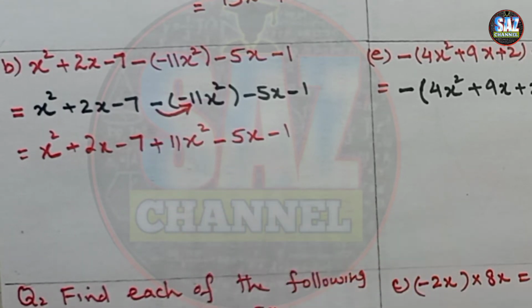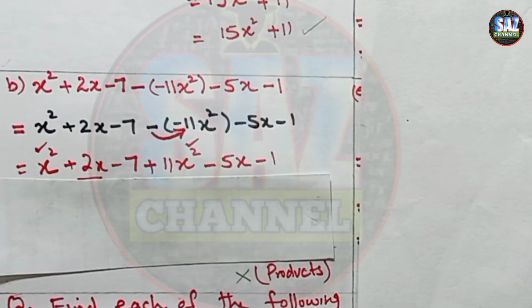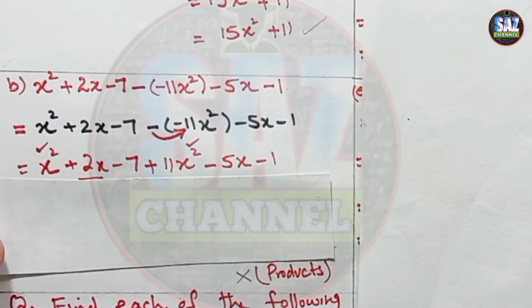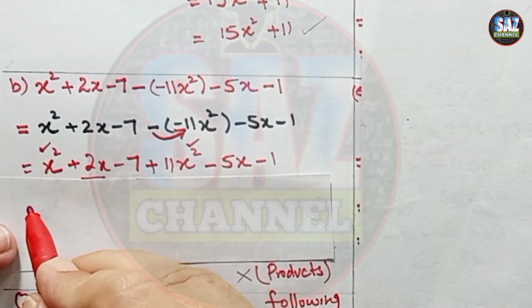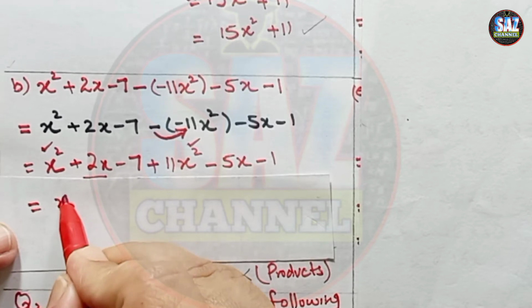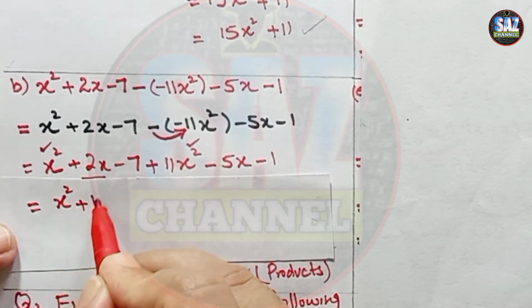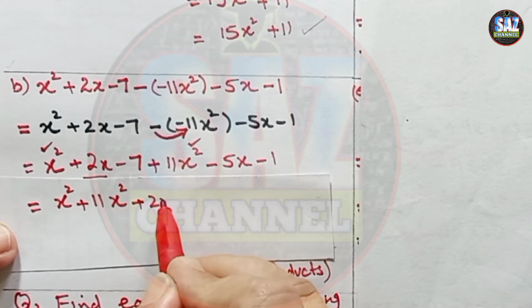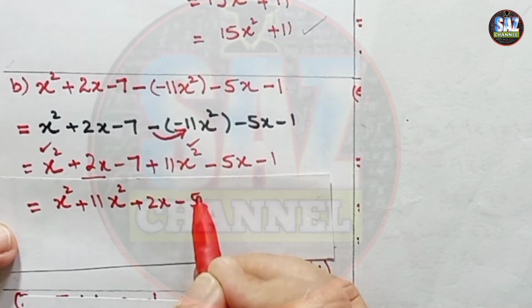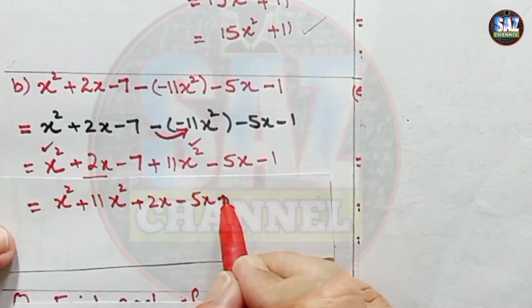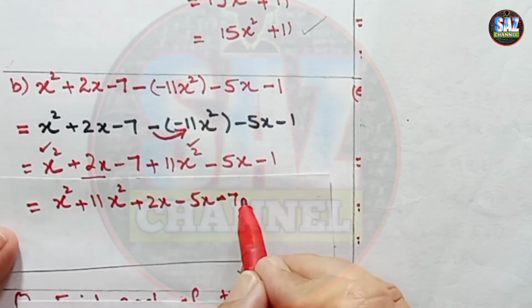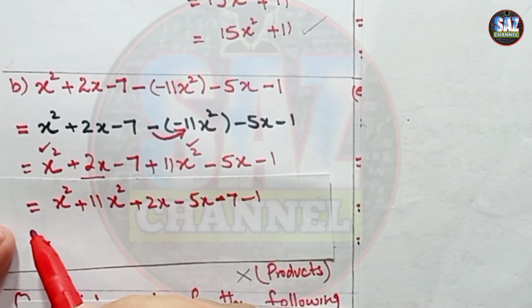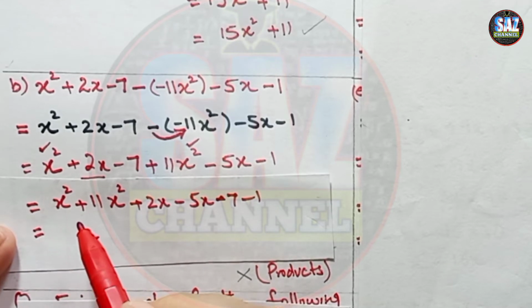In the next step, we have to write down the like terms together: x square plus 11x square, and then plus 2x minus 5x, minus 7 and minus 1. Now add up the like terms according to the signs.